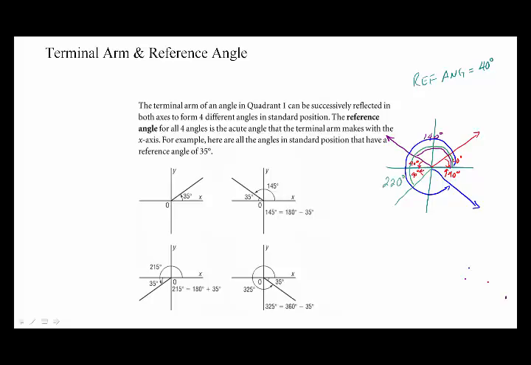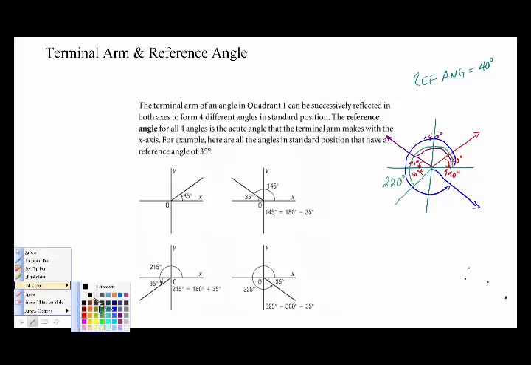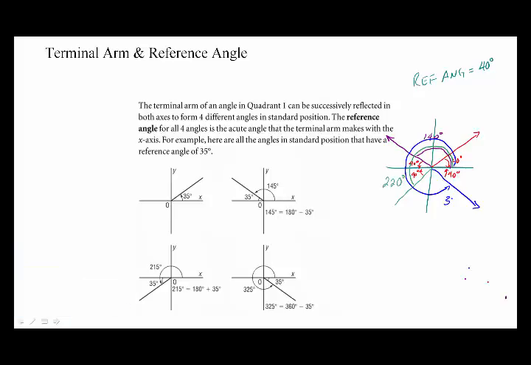Well, how many degrees is it all the way around the circle? 360. But how far away am I from the full 360? I'm 40 away from it, so how far did I actually make it? 320 degrees. So my four angles are 40, 140, 220, and 320.